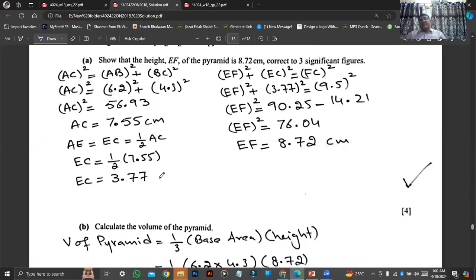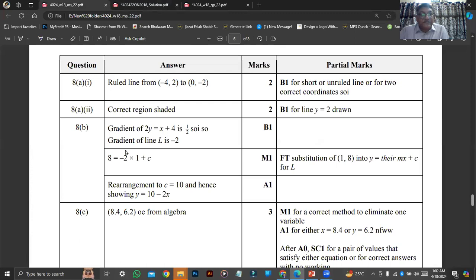So this is Pythagoras, and EF square will be equal to 90.25 minus 14.21, and EF square will be equal to 76.04. And when you take square root on both the sides, the EF will be equal to 8.72 centimeter. 8.72 centimeter is what you have to show. This is how this is done.